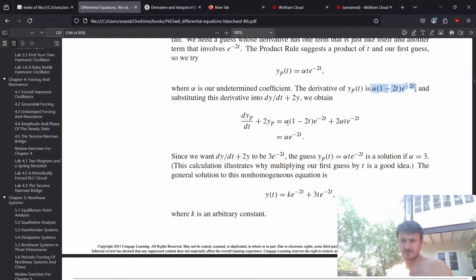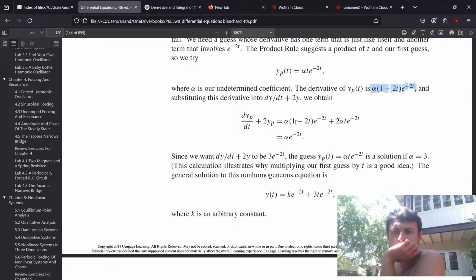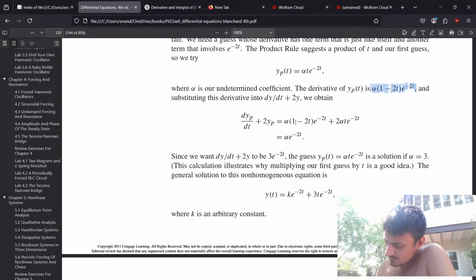How do you simplify that? Oh, so like this cancels and this cancels and you're just left with a e to the minus 2t.